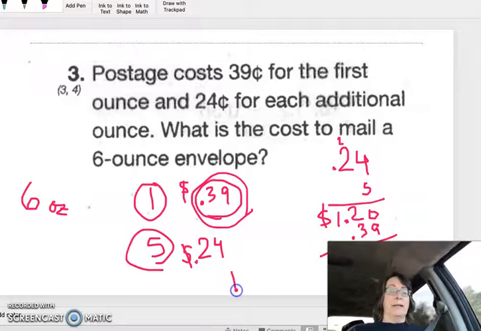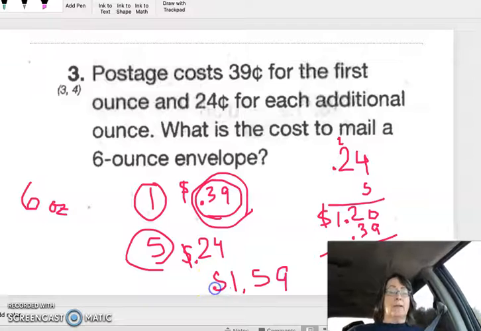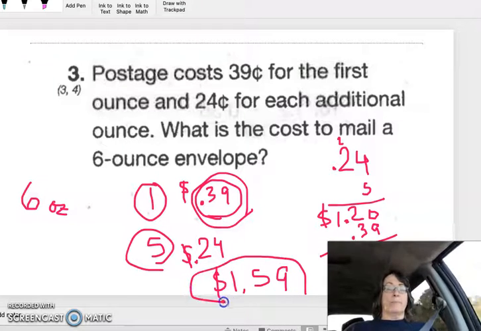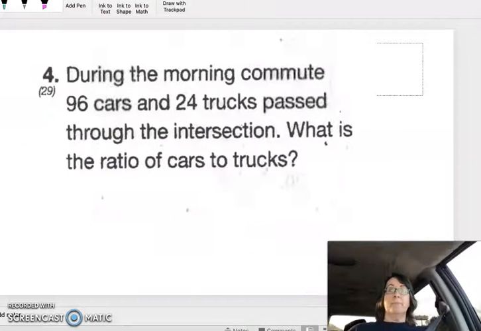So we'll write it down here, $1.59 is the cost of mailing whatever you're mailing. Looks like maybe it's more expensive than a letter. Okay, let's look at the next thing.